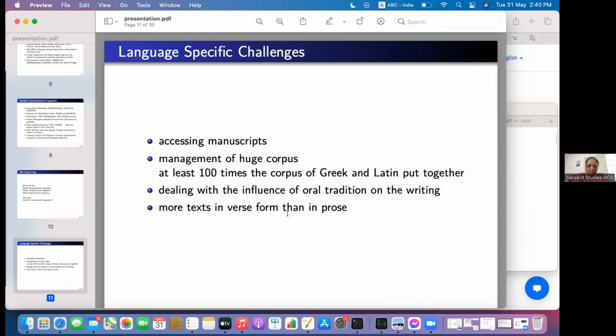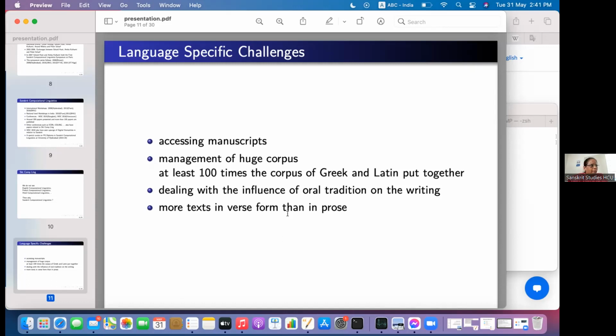Dealing with the influence of oral tradition on writing, I agree, is unique to Sanskrit, but not entirely, since Chinese also has a writing system with no word boundaries.